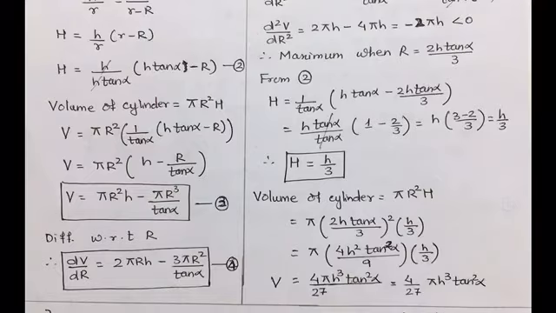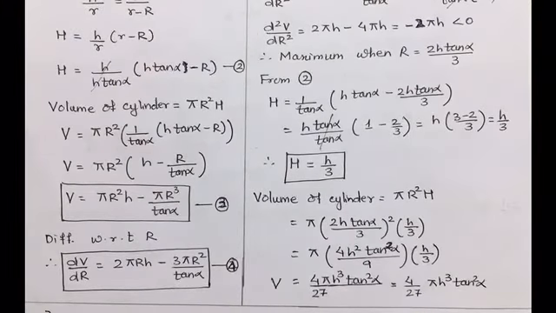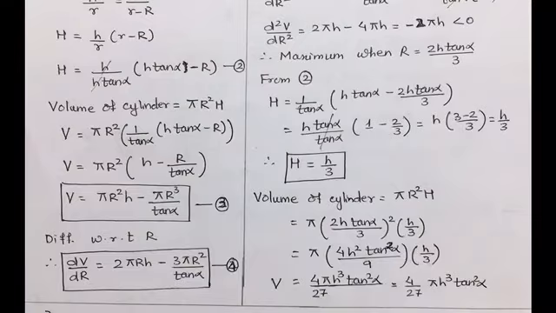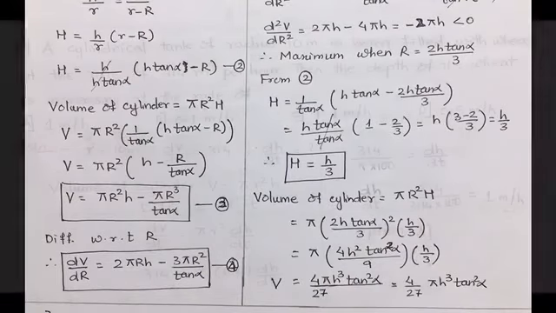So we have proved that the volume gets maximized when height of cylinder is equal to 1/3 height of cone.